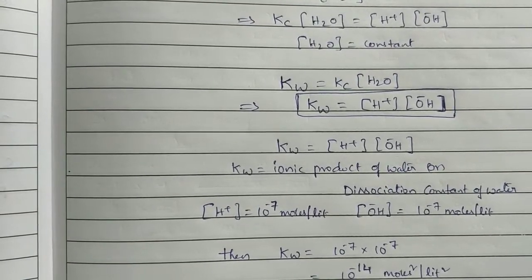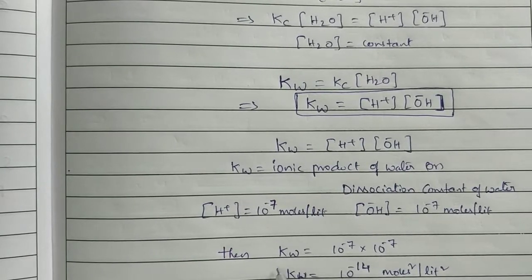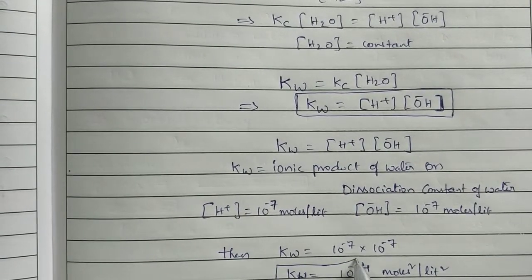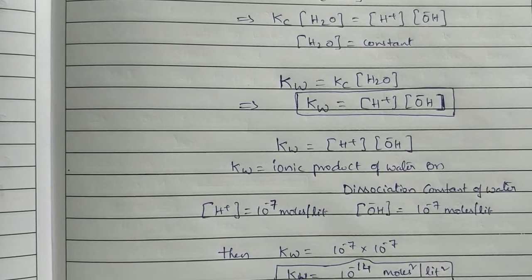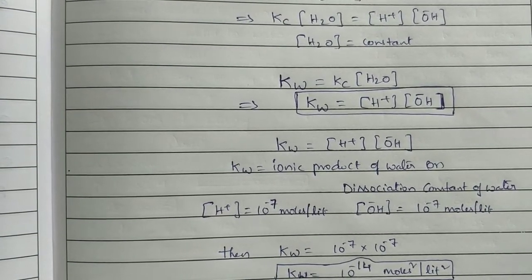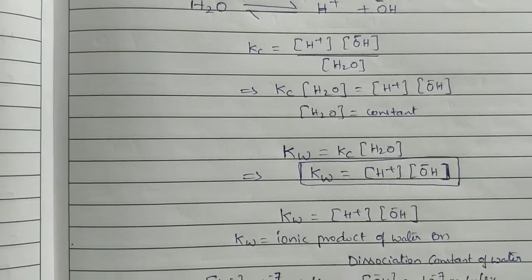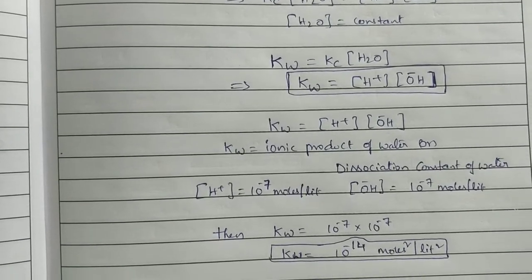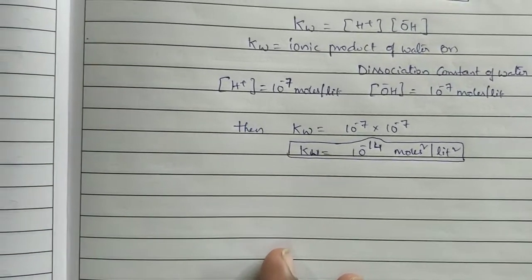This is the value of Kw, where Kw is called ionic product of water or dissociation constant of water. Okay? I hope you are clear about this one. After completion of this, we have to go to pH.